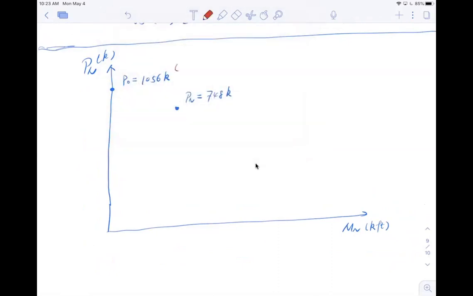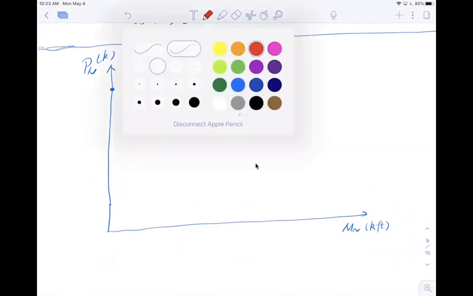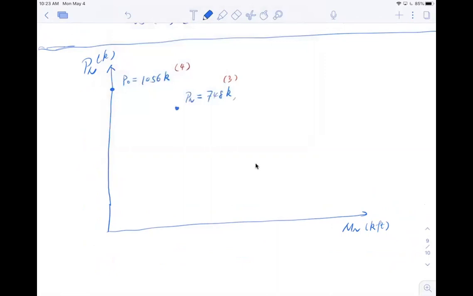So this is basically 4.3, with Mn equal to 195 kip feet. Then I have my balanced failure, the tip of the interaction diagram here, with Pn equal to 357 kips and Mn equal to 317 kip feet.